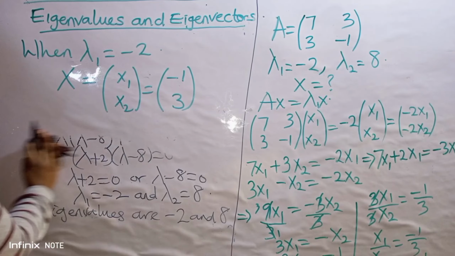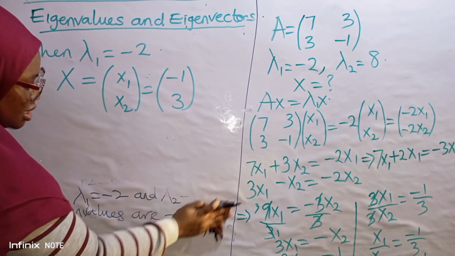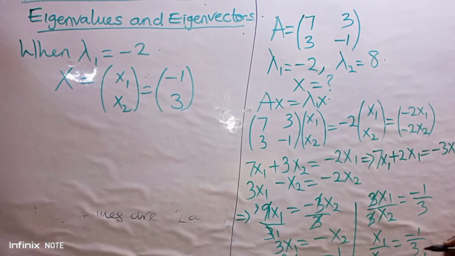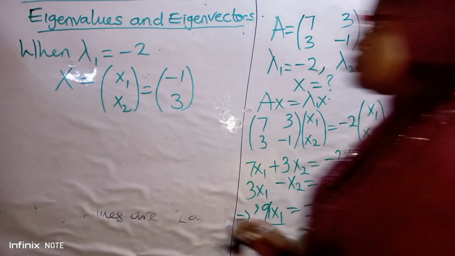So that is how to find the eigenvectors. What I performed there is like a ratio. If I say that x1 ratio x2 is equal to minus 1 ratio 3, this will be x1 over x2 is equal to minus 1 over 3. So that is what I performed there.